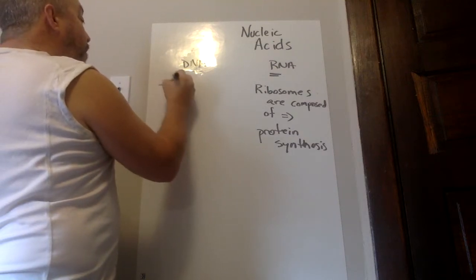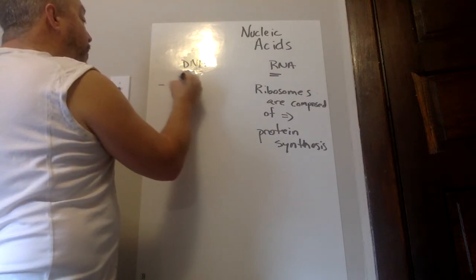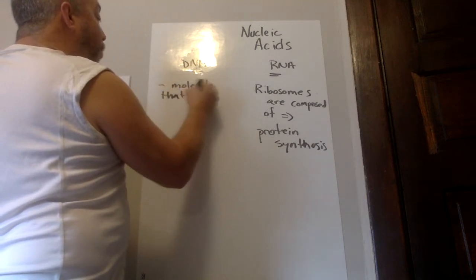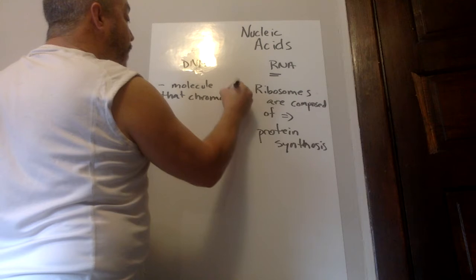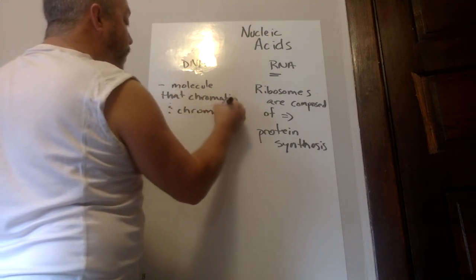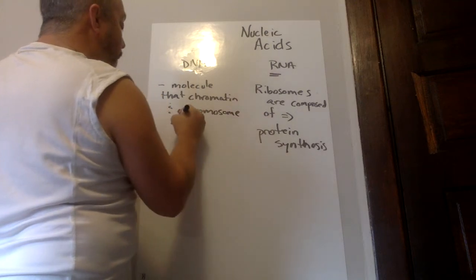DNA is the molecule that chromatin and chromosomes are made of.